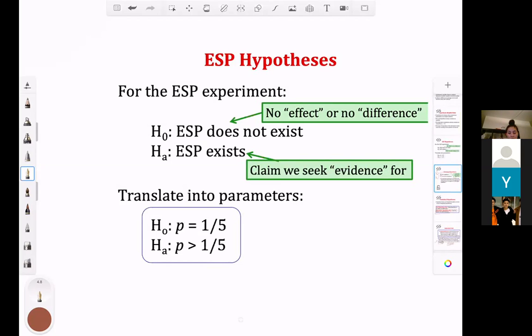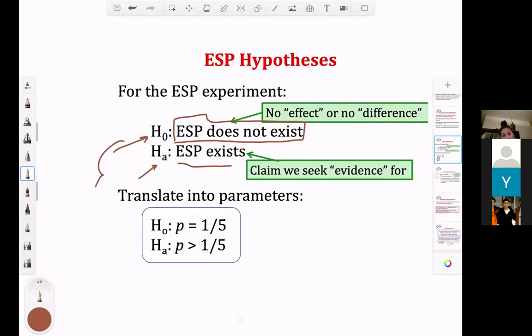Anyway, for the ESP experiment, the null hypothesis is that ESP does not exist, same as Steve said. So that's not true. But the alternative hypothesis says ESP exists. Somebody believes it, somebody doesn't believe it.